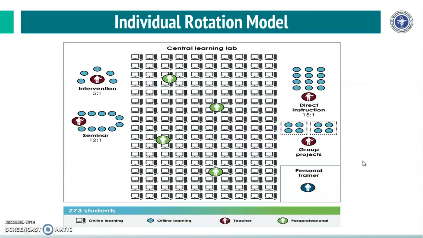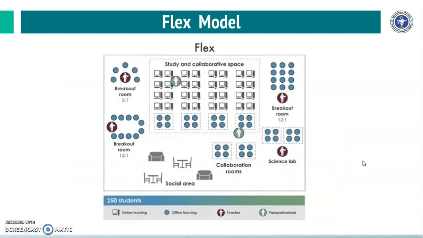Now let us go to another model, that is the flex model. The flex model is a program in which content and instruction are delivered primarily by the internet. Students move on an individually customized fluid schedule among learning modalities and the teacher of record.